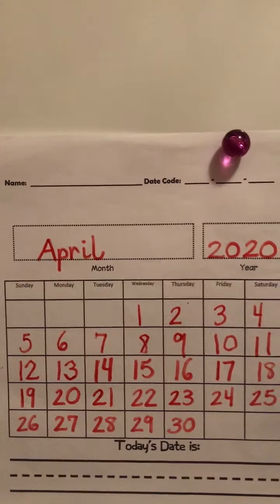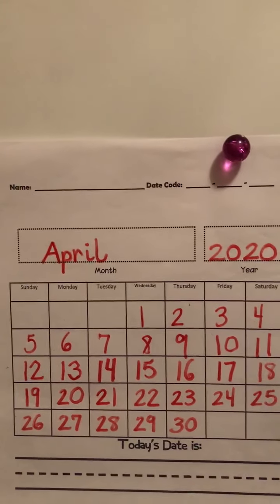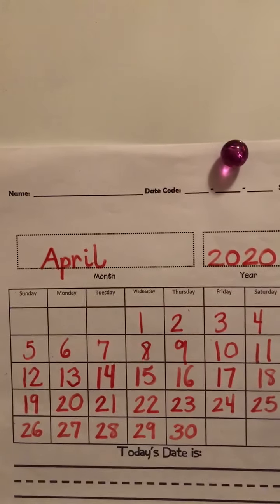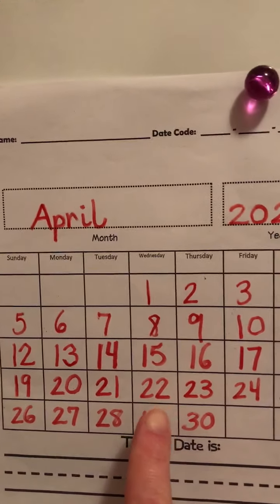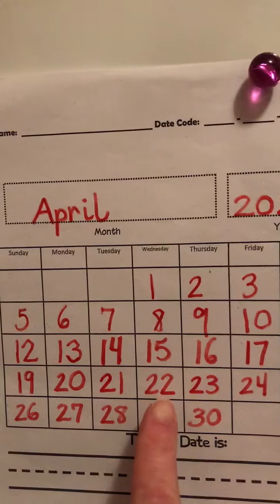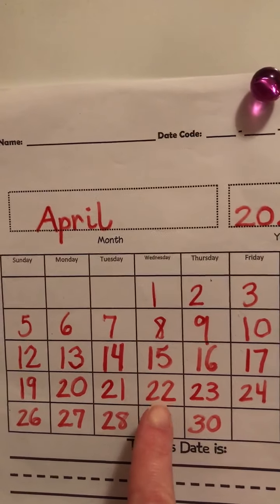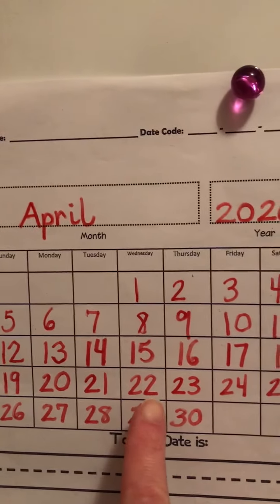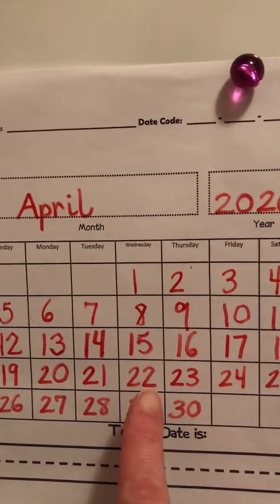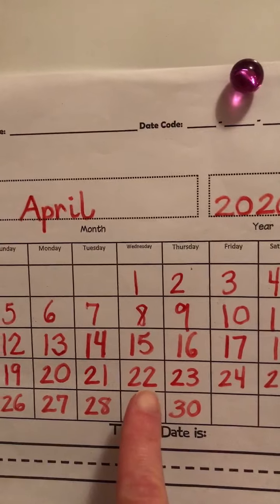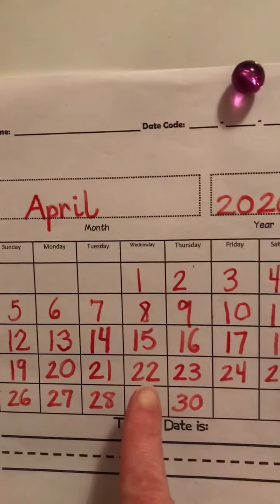I also want to mention our days in school. They keep ticking away here. So last Wednesday was the last time I did a math meeting with you. Do you remember how many days we had been in school last Wednesday? Remember, it was a big number, a big important number. It was 150 days. So let's count how many days you've been in school since then. Okay, we're going to count up.